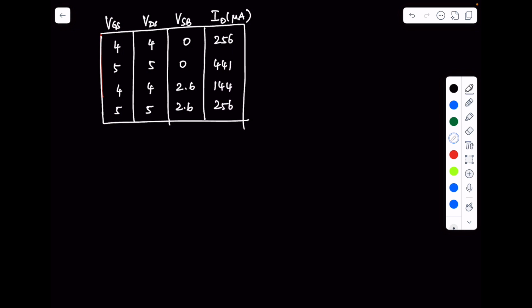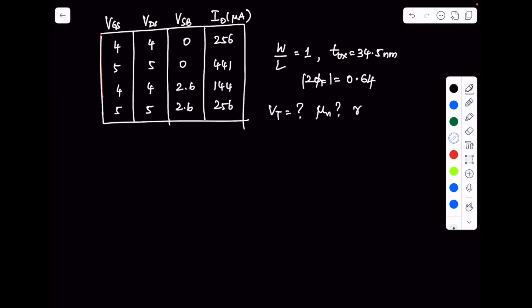We are also given W by L equal to 1, Tox is 34.5 nanometers, and 2φf is 0.64. You're asked to find the Vt of the device, you're asked to find mobility, and you're asked to find gamma.